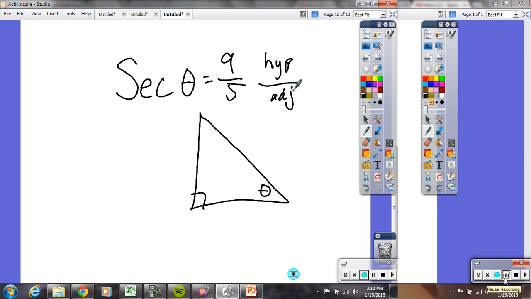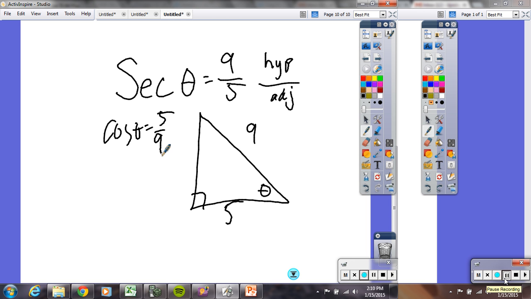So if I'm standing here, this would be 9 over 5. You could do cosine straight up. If it's easier to remember cosine than secant, that's great.